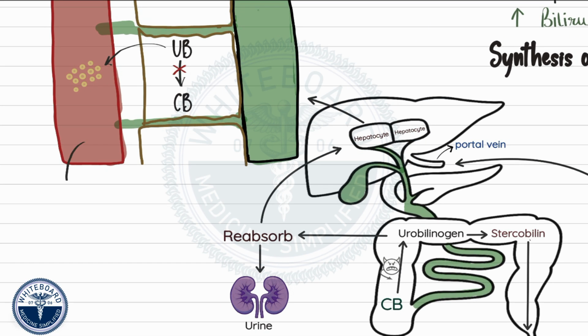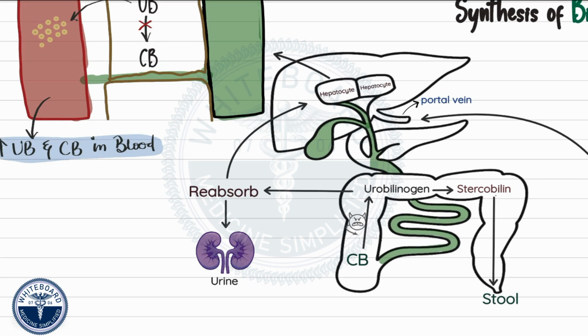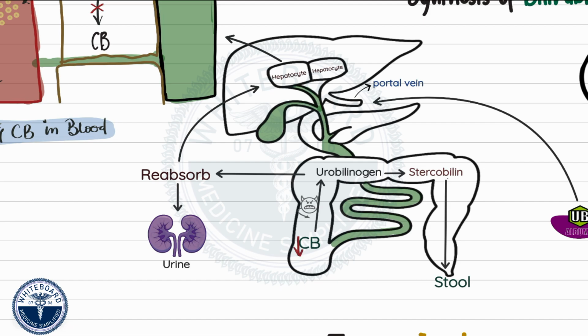As a result, you will see a mixed pattern. Both direct, conjugated, and indirect, unconjugated bilirubin levels may be elevated in the blood. Because the hepatocytes are injured, less conjugated bilirubin reaches the intestine. Consequently, the gut produces less urobilinogen and therefore less stercobilin.